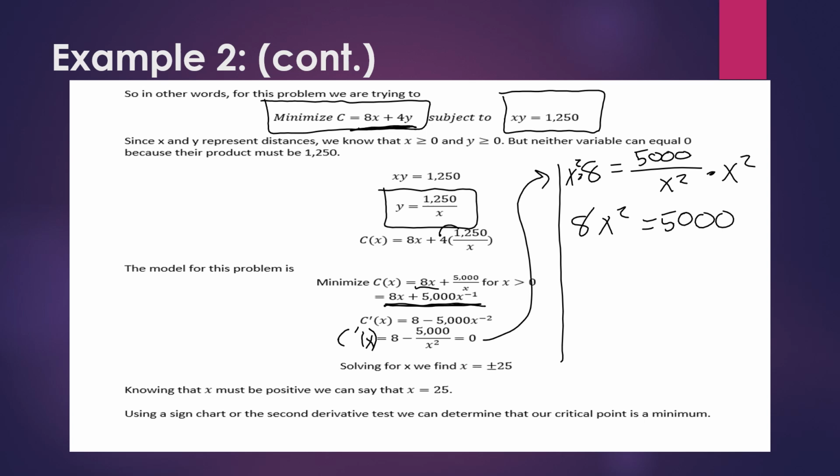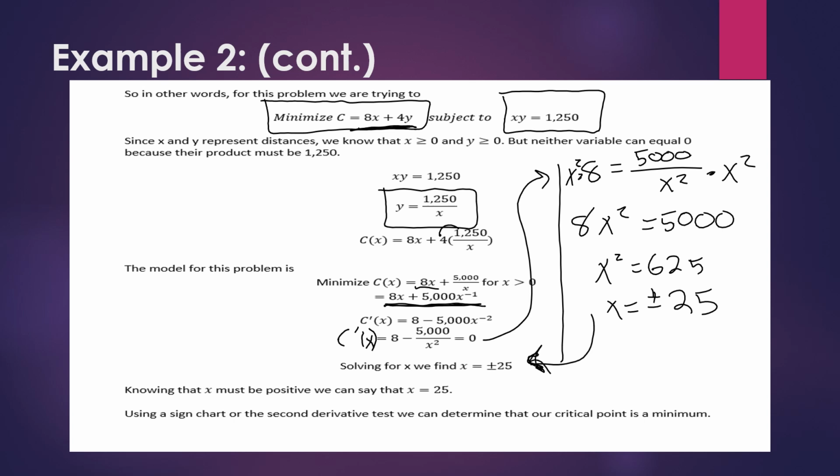I'm going to double check with my calculator real quick. 5,000 divided by 8 is 625. Yeah, 625. So that when I take the square root, I get x is plus or minus 25. So that's how they're getting this answer here.